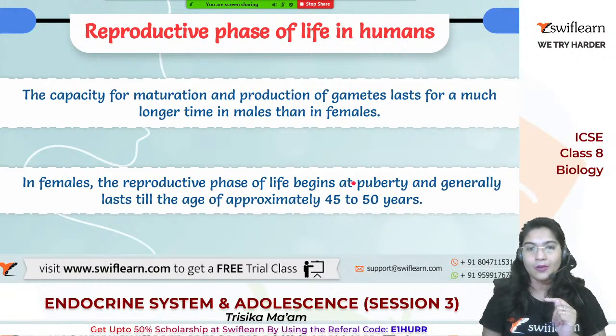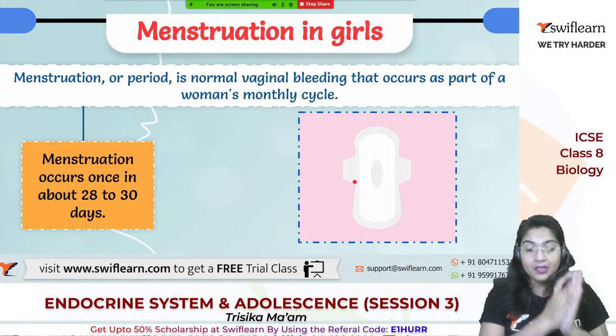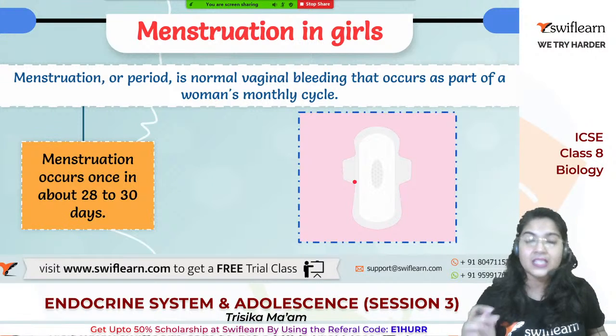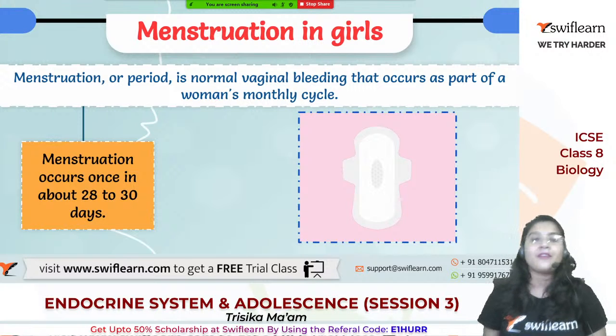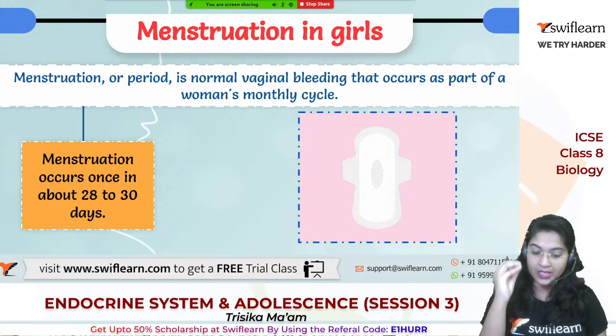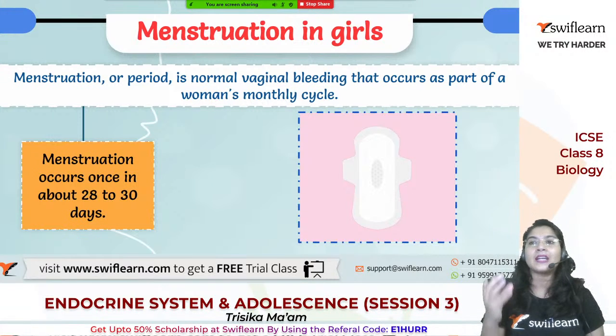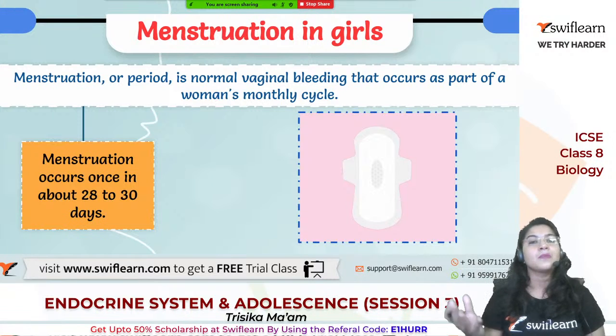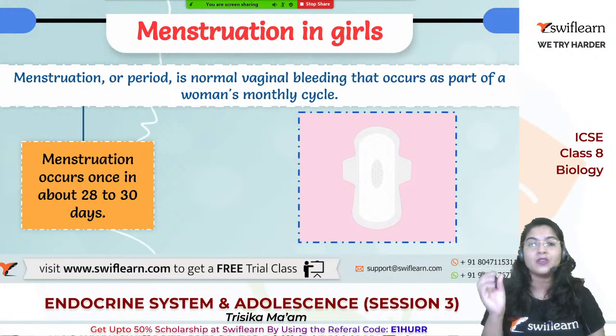this year of age. Now, at the start of this phase, the main sign which tells you that yes, the reproductive stage has started, is nothing but menstruation. It is a period of time characterized by vaginal bleeding.